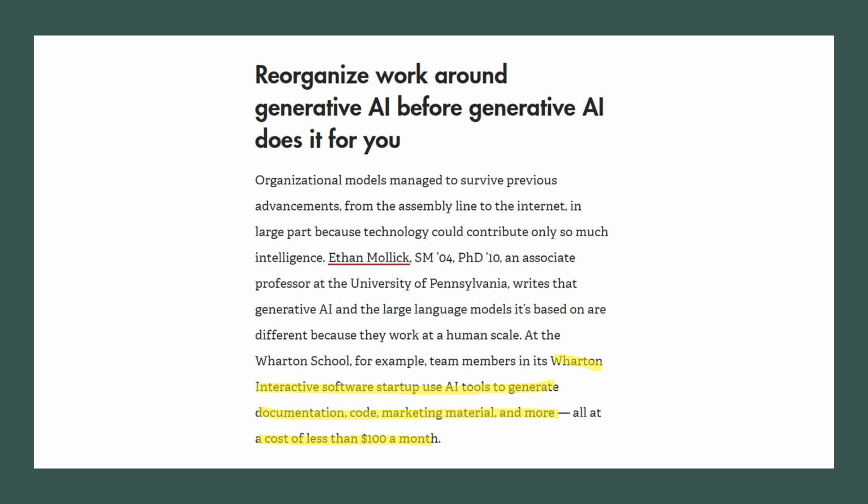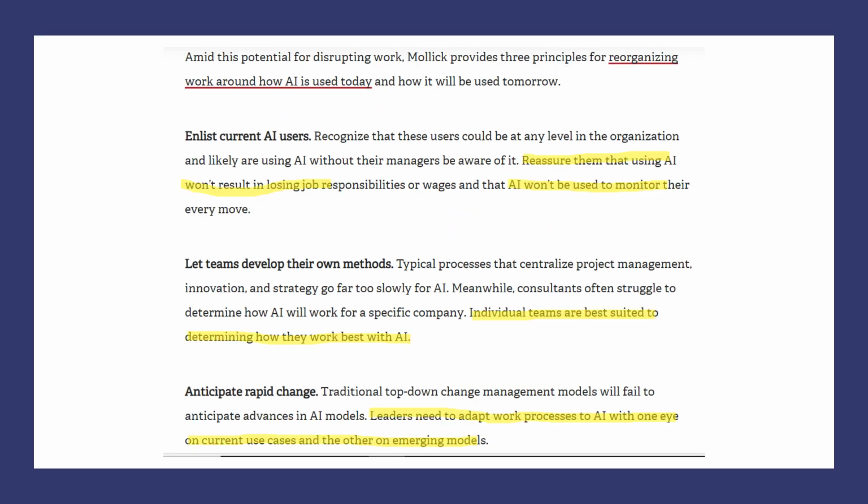At Wharton School, for example, the team members in its Wharton Interactive software startup use AI tools to generate documentation, code, marketing materials, and more, all at a cost of less than $100 a month. So, how do I go about reorganizing work around Gen AI?